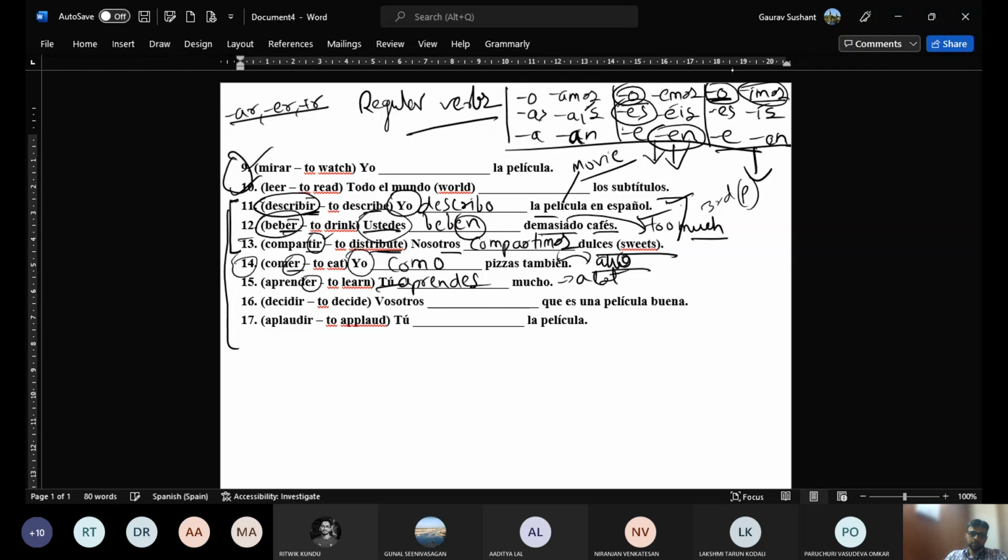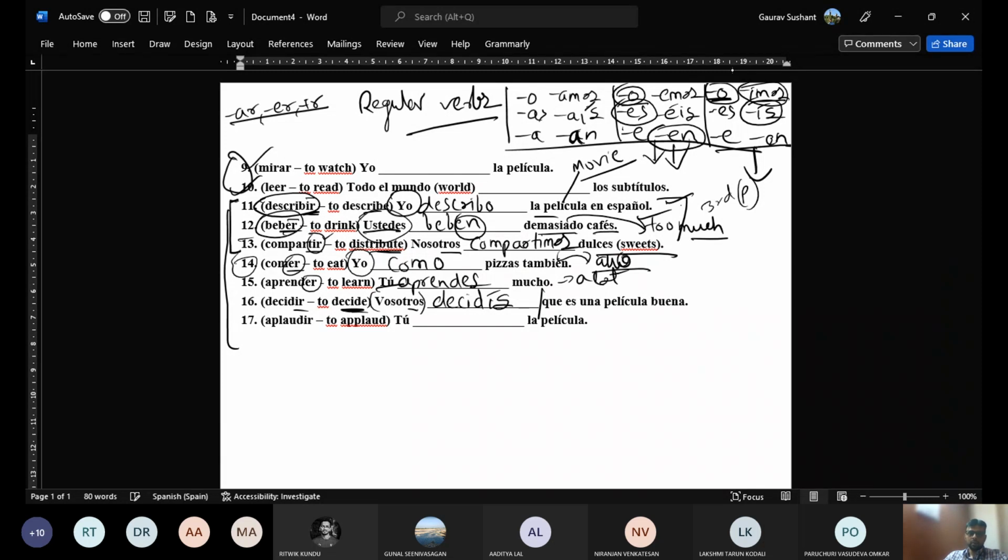Number 16, decidir, to decide. IR ending verb. Subject is vosotros. So in the IR conjugation, you have to put this ending ÍS. Okay, so it will be decidís. Okay, decidís. So vosotros decidís. Let us first understand this part. So vosotros, you all decide that.